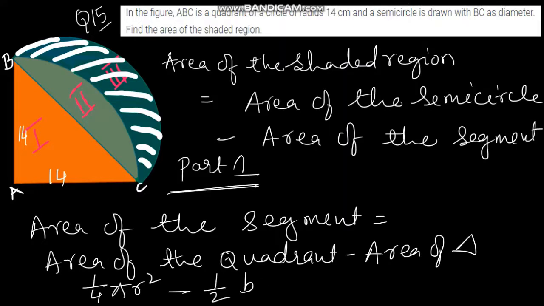Now area of quadrant is 1 by 4 pi r square minus area of triangle is half base into height. See children, here base is 14 and height is also equal to 14. So you have both base and height for the triangle. You have r to find the area of the sector.